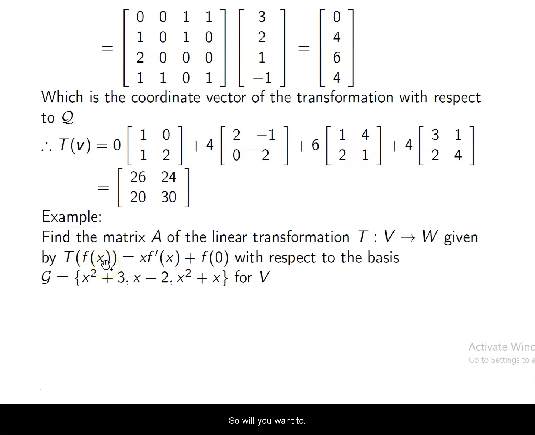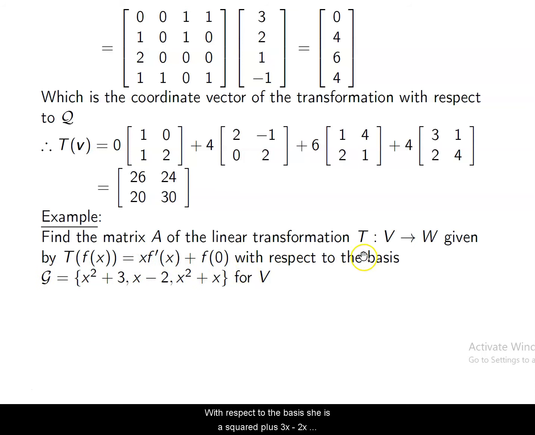So we want to find the matrix A, the linear transformation given by T of f of x, so we're plugging in a function, and we are then taking the derivative, multiplying by x, and adding that function evaluated at 0.